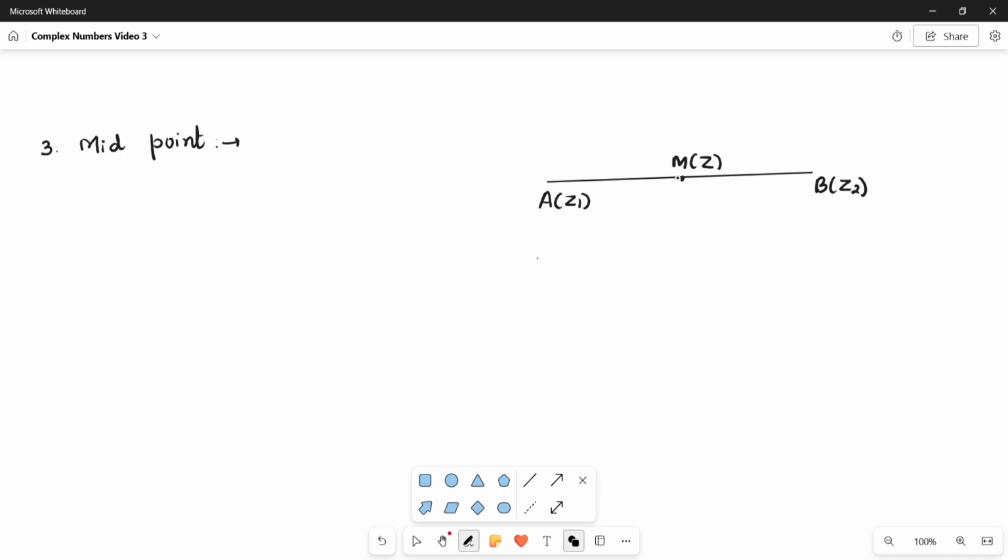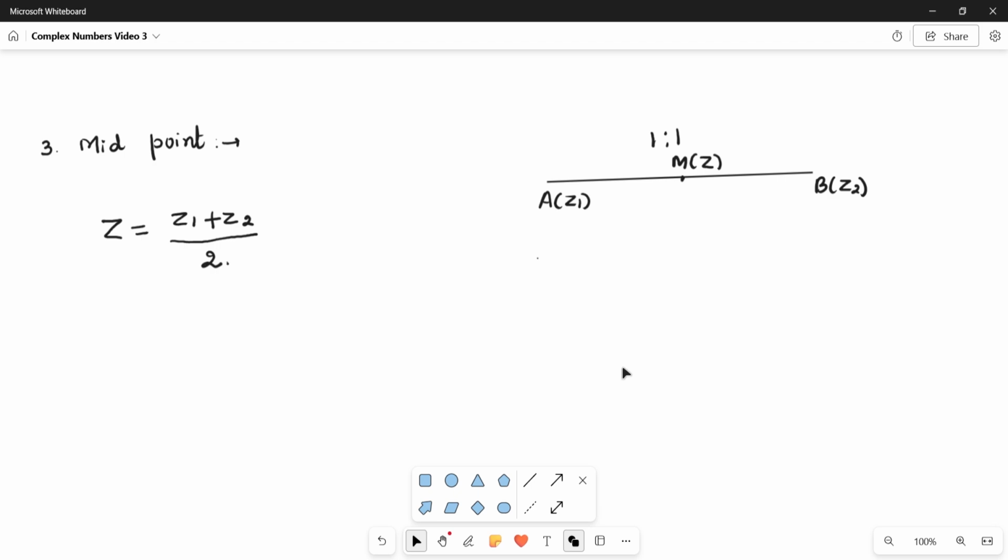Then midpoint means 1 is to 1 ratio. Therefore, complex number Z will be Z1 plus Z2 upon 2, like in coordinate geometry. Here we can see this is 1 and this is 1.